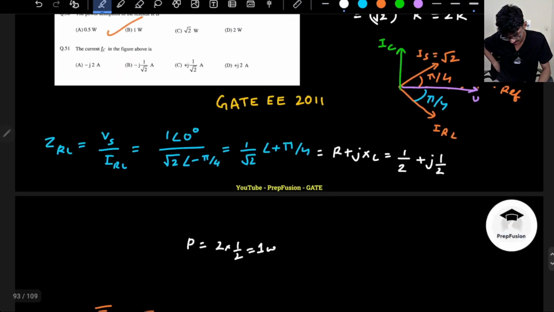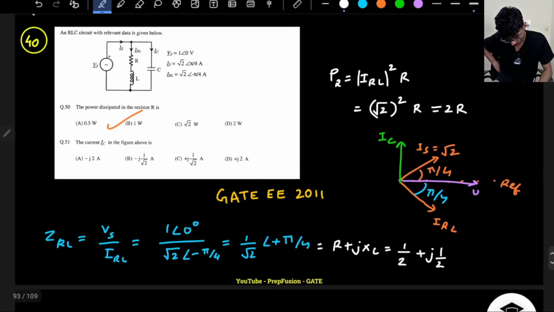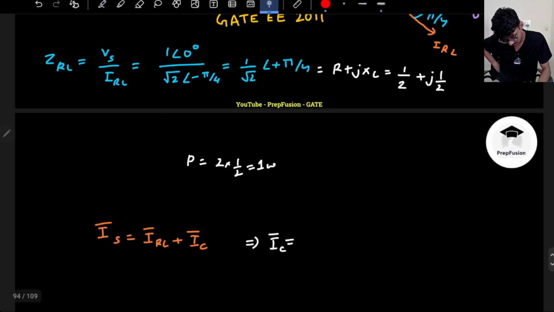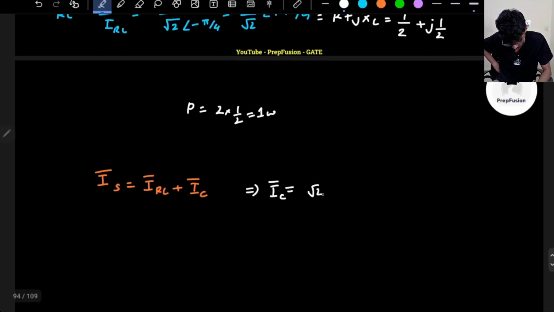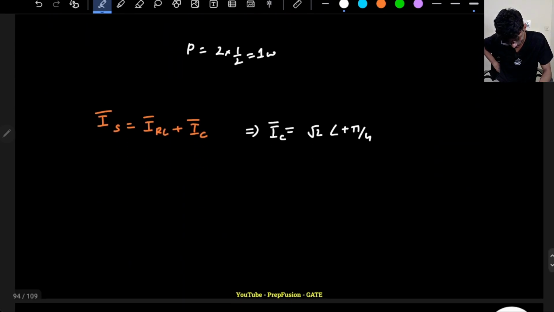IS is this value, and IRL is this. So IS is root 2 at plus pi by 4, and IRL is root 2 at minus pi by 4, correct? IC is IS minus IRL.